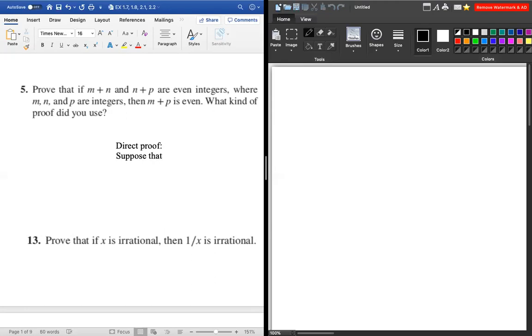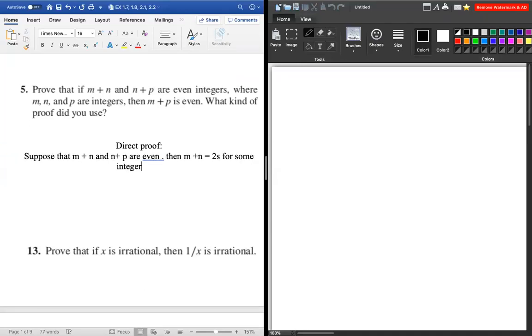that m plus n and n plus p are even by the question, then m plus n equals 2s for some integer, let's say s, and n plus p equals 2t for some integer t.